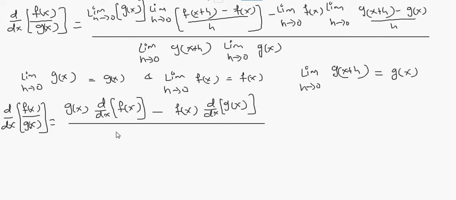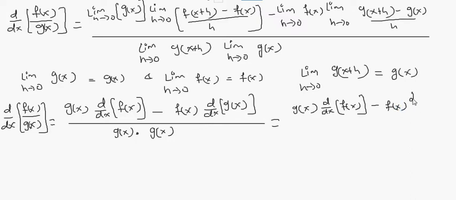So that gives us g of x times g of x, which is equal to g of x times derivative of f of x minus f of x times the derivative of g of x.